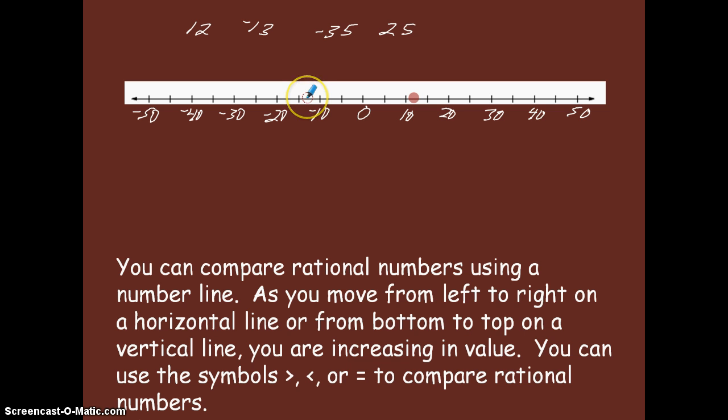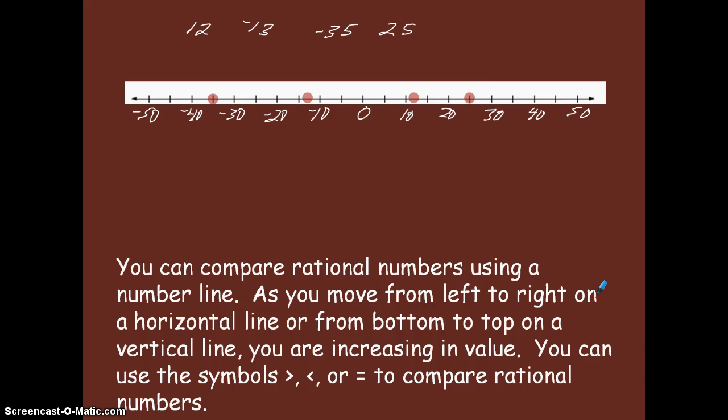That negative 13 is going to fall somewhere right around here. Negative 35, well, 0, negative 10, negative 20, negative 30, negative 35 right there, and positive 25. Well, there's 20, there's 30, so 25 would go right there.